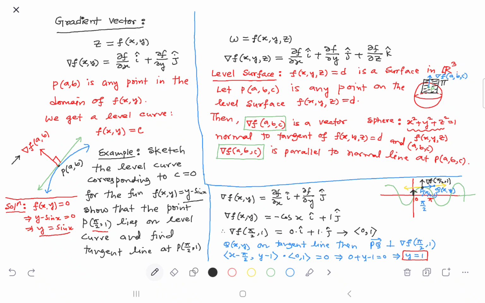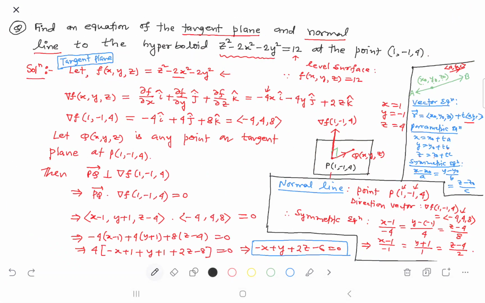We have seen an example here. I think this section is enough: the use of gradient in the context of tangent plane and normal line.